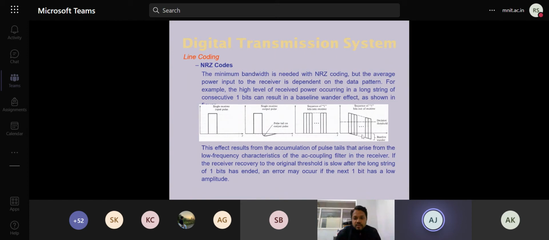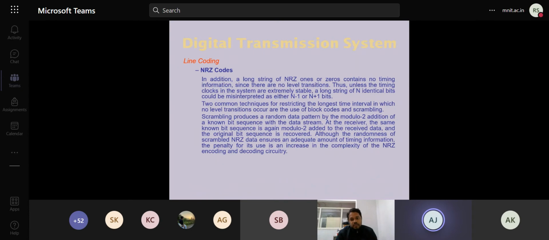It can occur when you have a sequence of ones transmitted together.